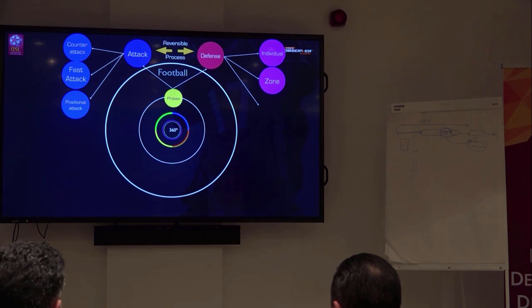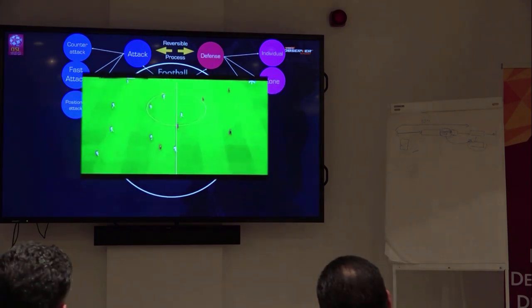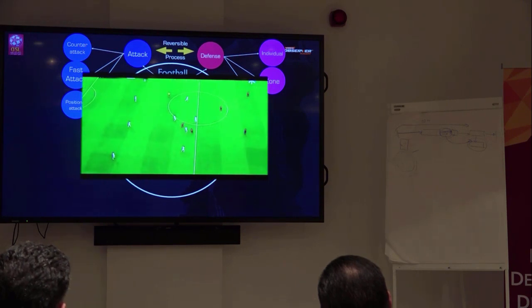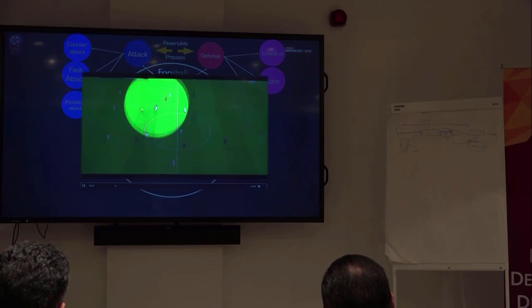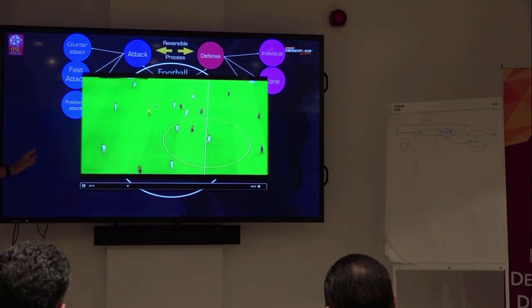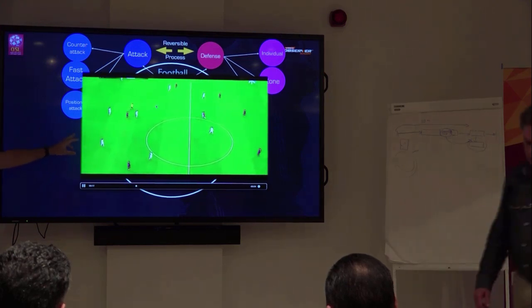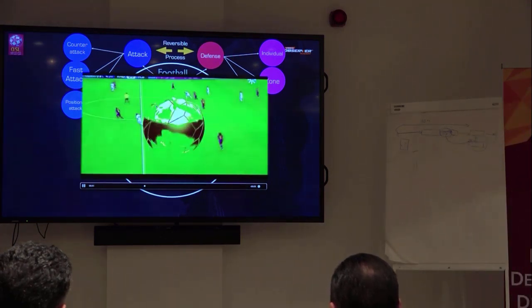And after comes the zone defense. In the zone defense, each one has one space and marks the player that comes to that space. You can see here Real Madrid against Barcelona, so everyone has his space, and each time a player comes, he marks the guy. Okay?